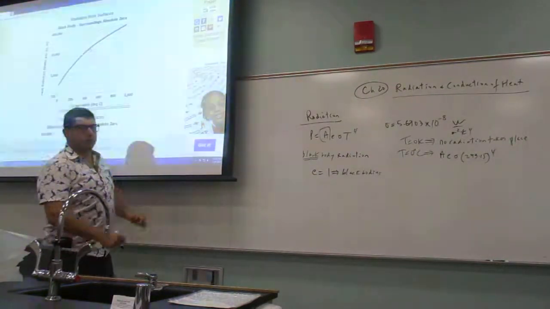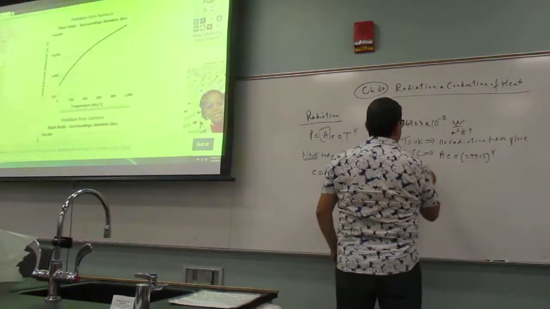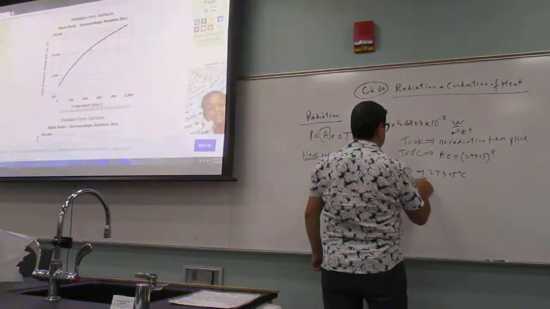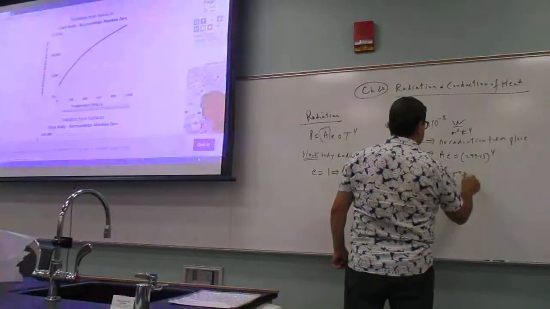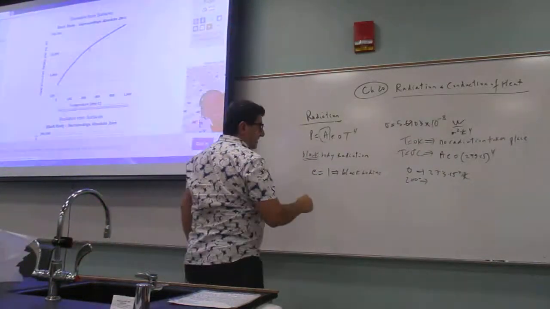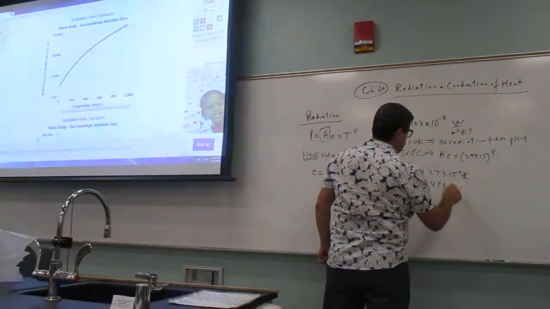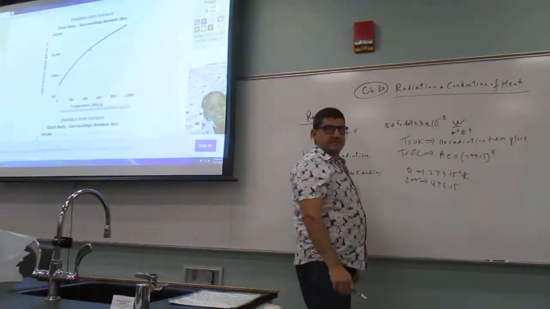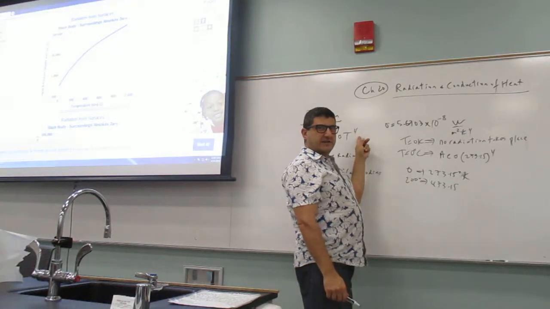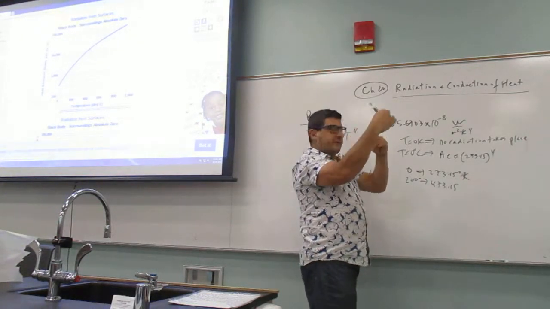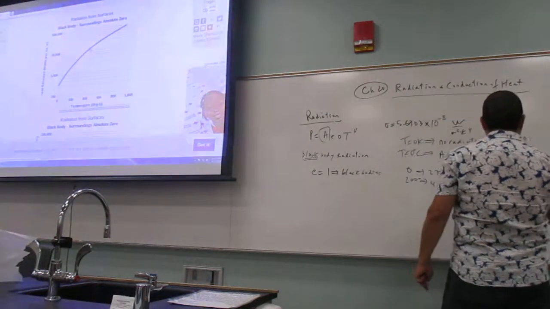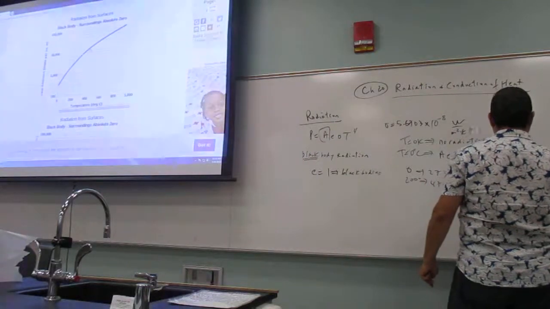Well, 0 Celsius is 273.15 Kelvin. 200 Celsius is 473 Kelvin. This is not quite double that, you see? So take the ratio of this and raise it to the power 4, and that's the ratio of the power radiated. So P2 over P1 is going to be T2 over T1 to the power 4.